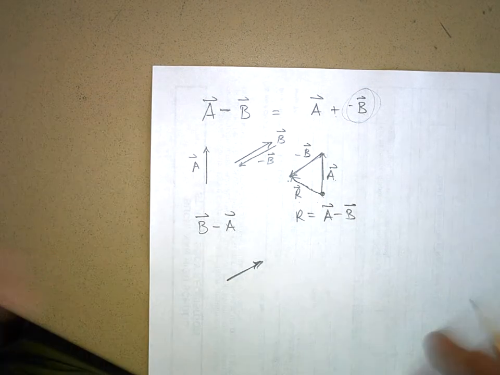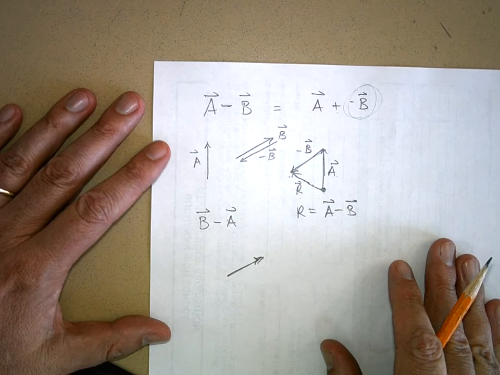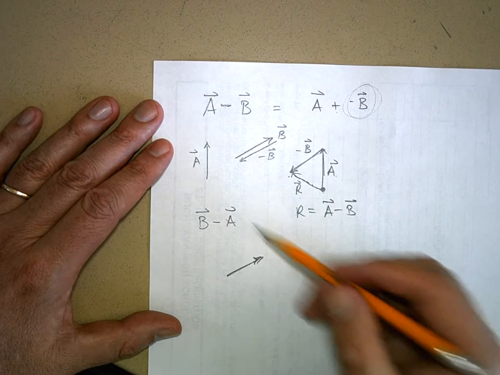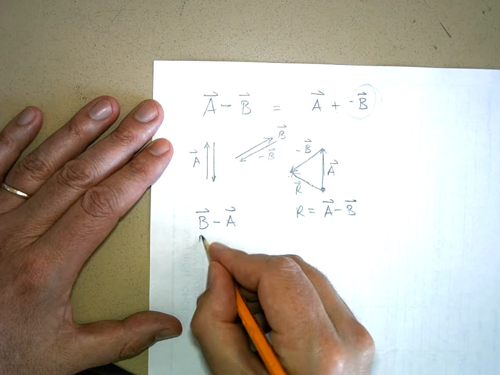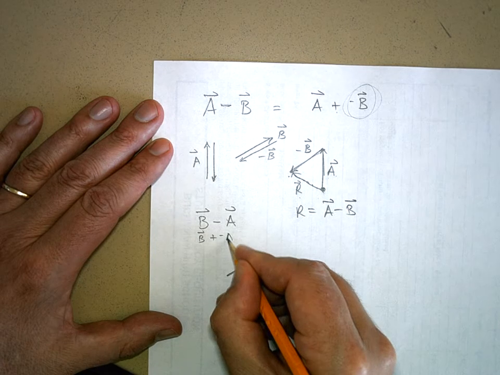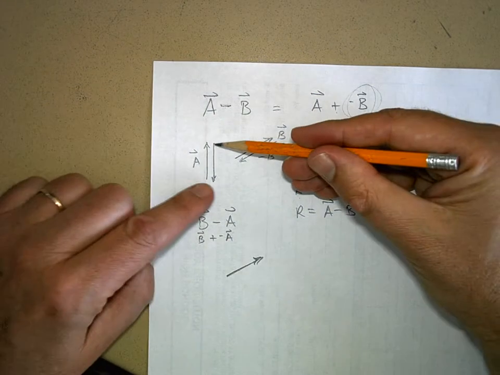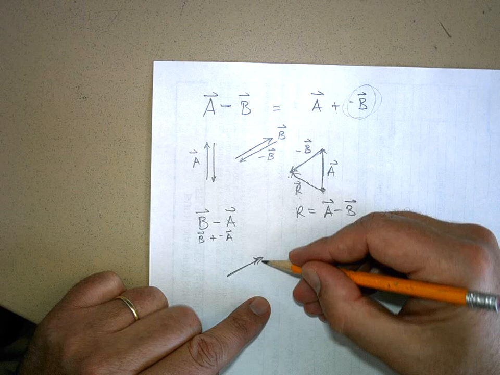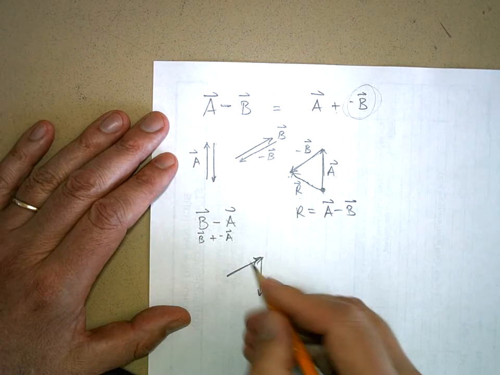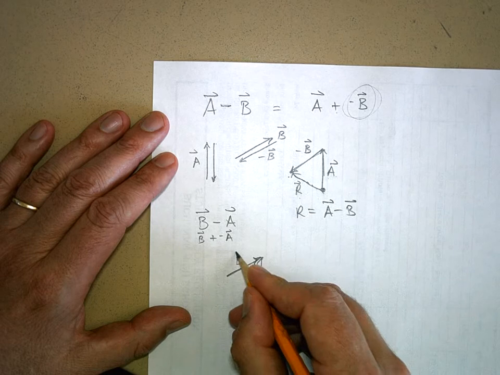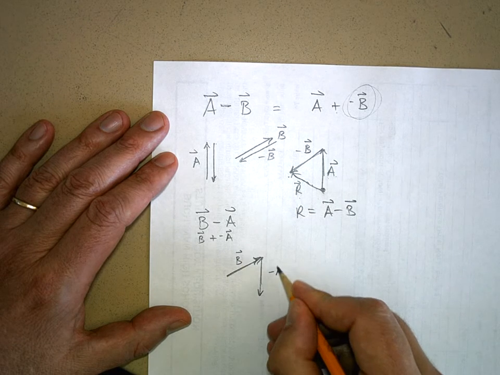Here's B. Now what is negative A? We're going to add negative A to it. So this is B plus negative A. So here's negative A, it's down like this. So here's B, here's negative A, and here's my answer.